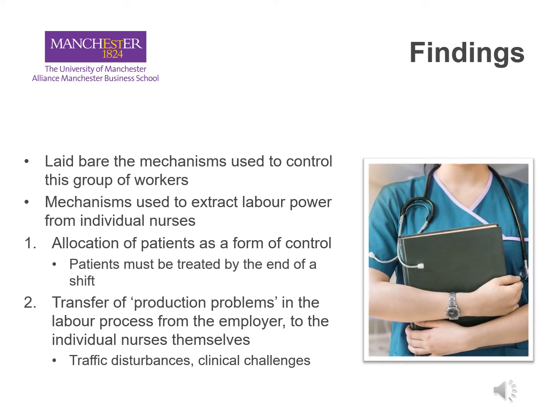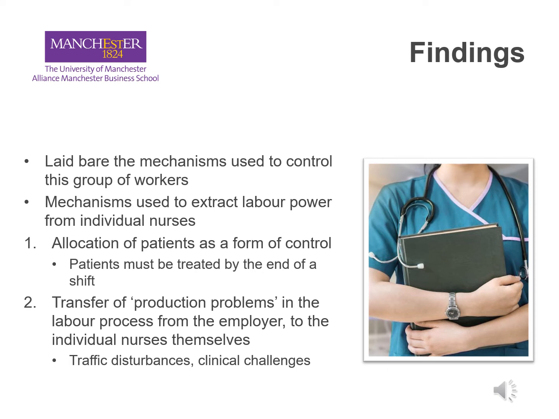Now, amongst a number of other things, my findings laid bare some of the mechanisms that were used to control this group of workers, these nurses. And the mechanisms used were to extract labour power from each individual nurse.